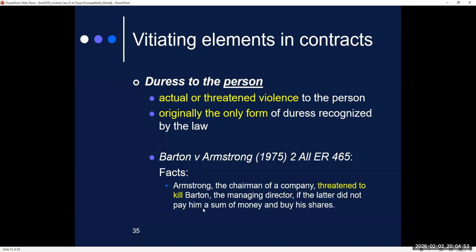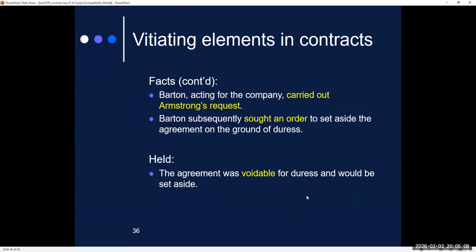The case you can refer to is the Barton and Armstrong case, where Armstrong threatened to kill Barton. So if you don't sign it, I will kill you, something like that, okay? These are the facts of that case. It was held that the agreement was voidable, okay?